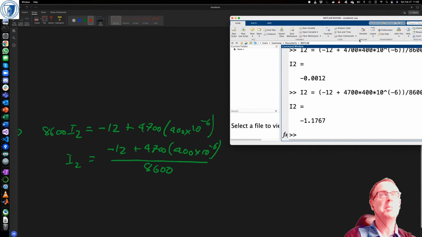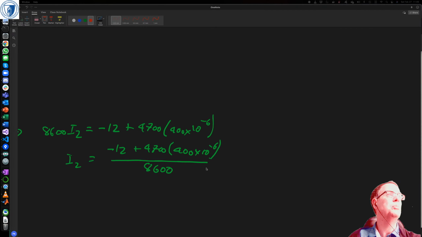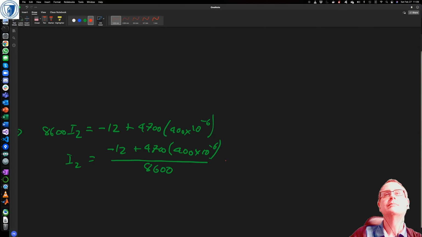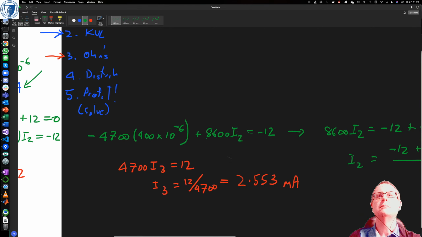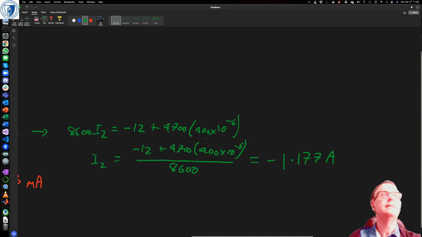Right, so it's minus 1.177 to four significant figures. And that is not amps, actually, that's milliamps because I multiplied that by 1000.